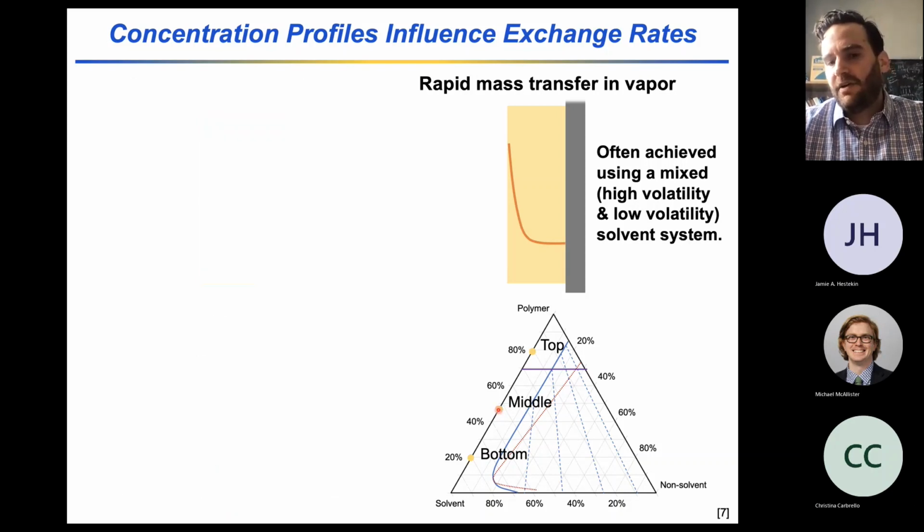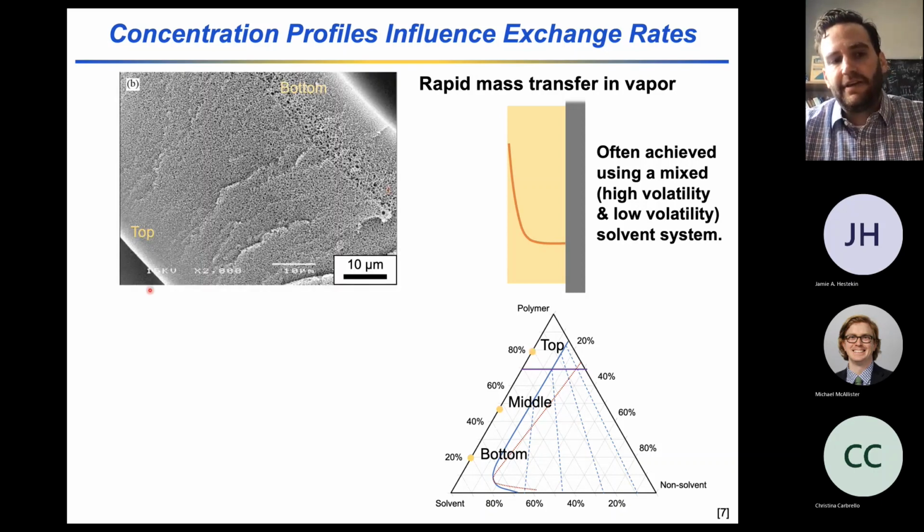I'll point out that when you do use this rapid mass transfer in the vapor and are able to evaporate material off locally, this is how you create those graded structures, where I have a dense polymer film in the bottom left-hand corner that grows in average pore size as I move to the top right corner, because of the different position these materials take through the phase diagram.